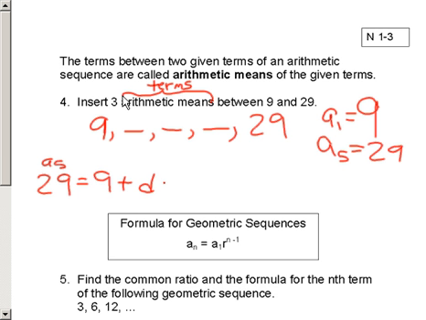N is 5, so it would be 4, right? This is N minus 1, which is 5 minus 1. This is A5. 29 is A5. So now I can just solve it. Minus 9 to both sides, divide by 4. Right, just solve that equation.